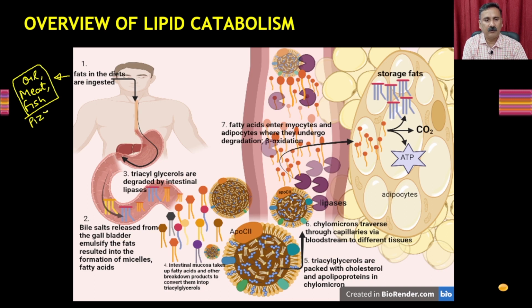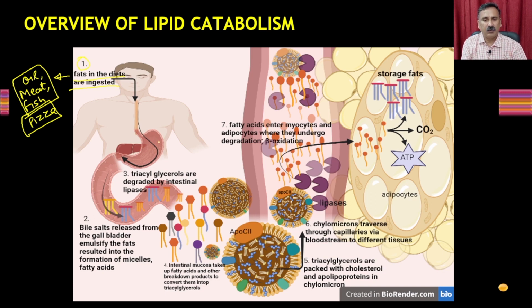Including pizza also, right? When you take these lipid-rich molecules, they are ingested into the system, and we have many enzymes which are involved. They enter the stomach. The first step is that the fats are ingested in the diet, and then they enter the stomach.